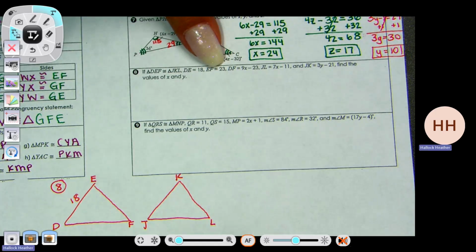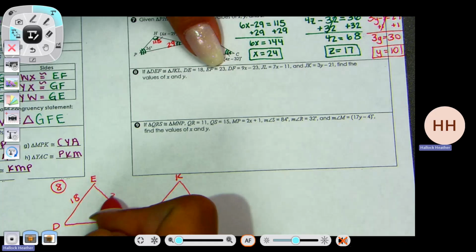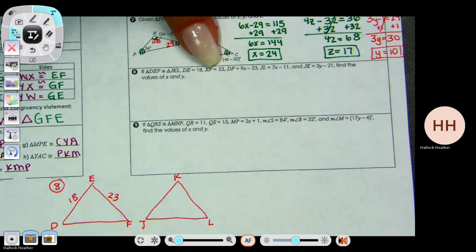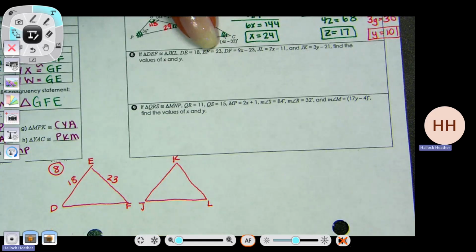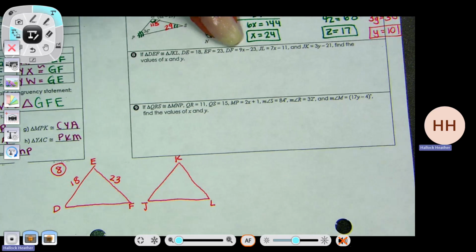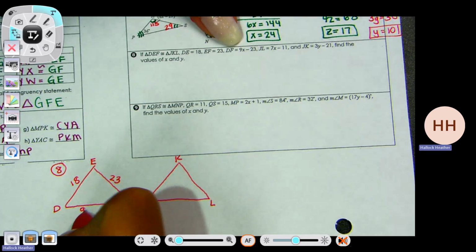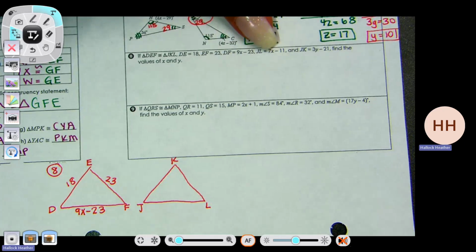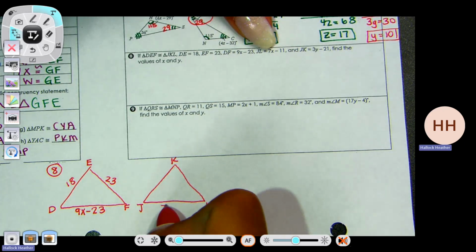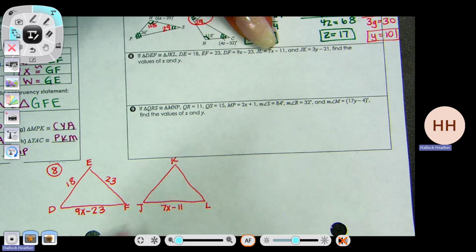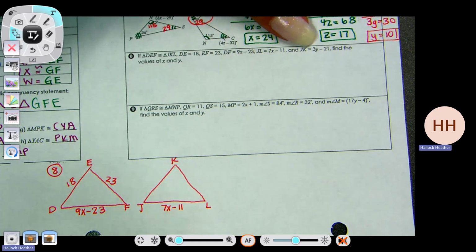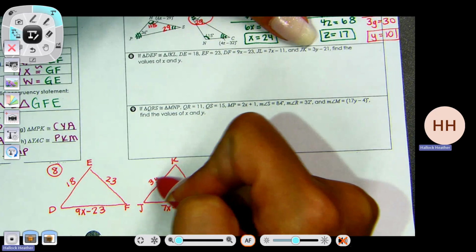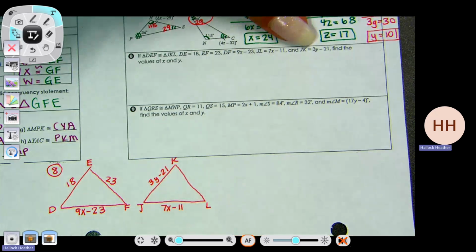It goes between E and F. 23 because it's a side. DF is 9x minus 23. The next one, it says J to L is 7x minus 11. JK is 3y minus 21. We just have to find X and Y.